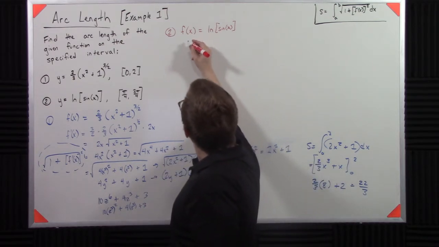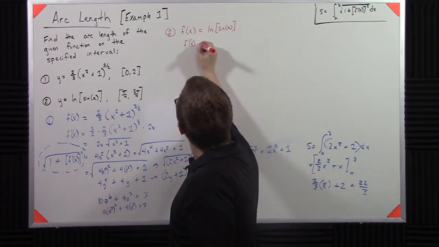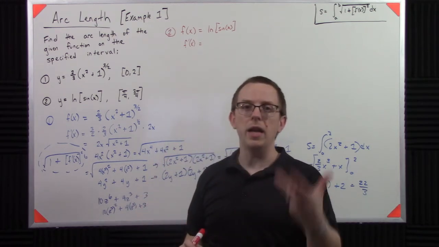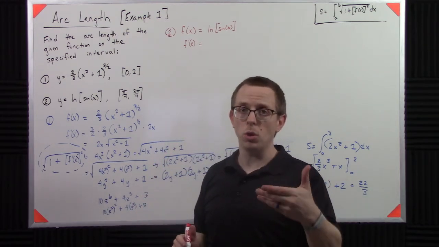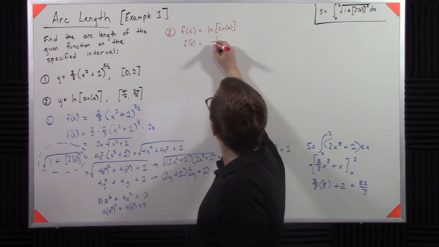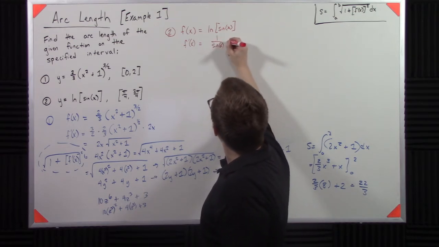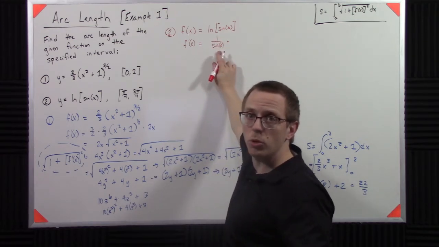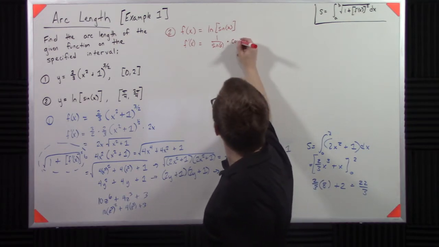So that gives me that f prime of x. So we're going to use the chain rule again. The derivative of the natural log of something is 1 over the something times the derivative of that something. Well, the derivative of sine of x is cosine of x.